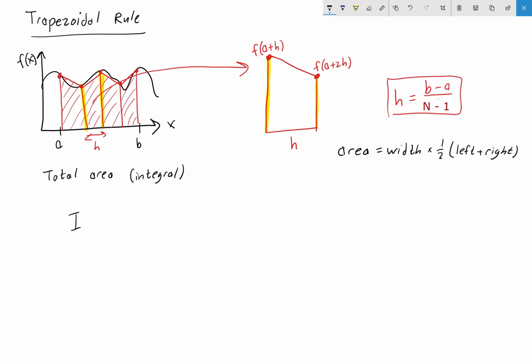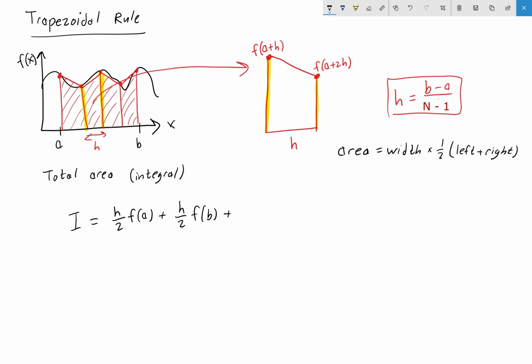So let's write down what the total answer is going to be, although you can figure this out pretty quickly on your own. So we're going to have an h for the width divided by 2, and then f at the left-hand of the entire interval. We'll have an h on 2 times the function at the right-hand of the entire interval. And then we have all those in-between points, and we get to count each of those twice.